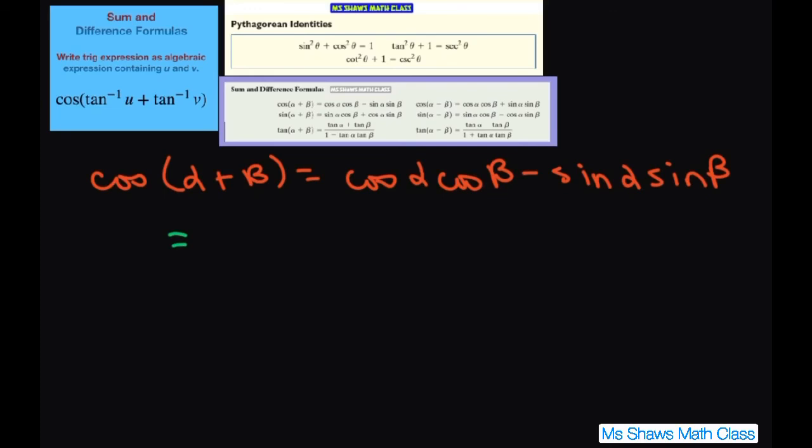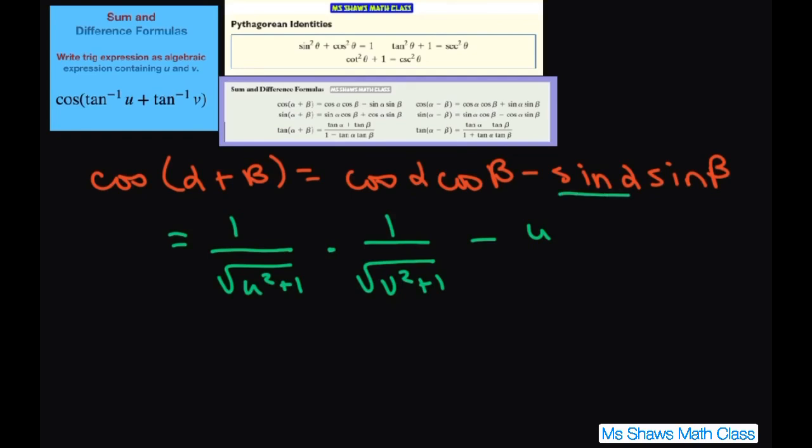So this equals 1 divided by square root of u squared plus 1 times 1 divided by square root of v squared plus 1, then we have minus u divided by square root of u squared plus 1 times v divided by square root of v squared plus 1.